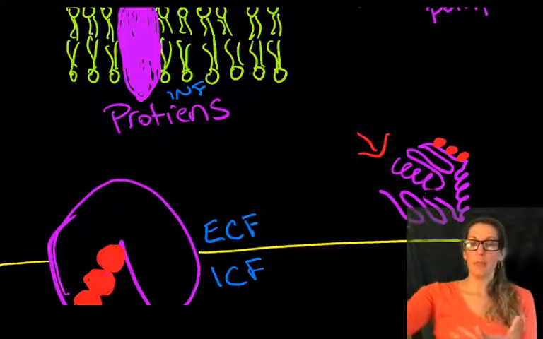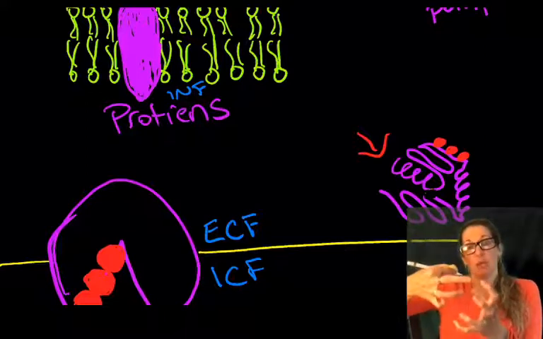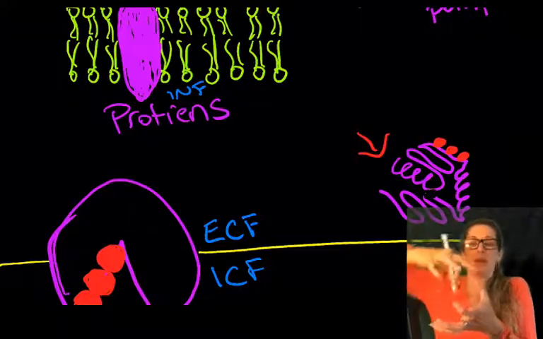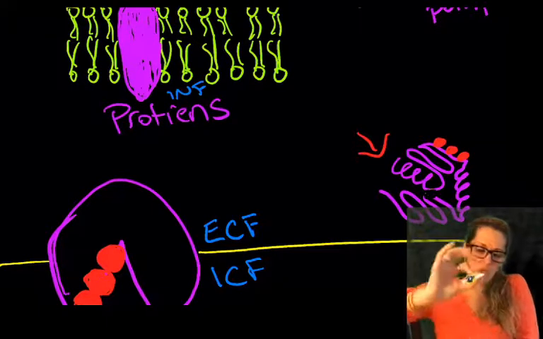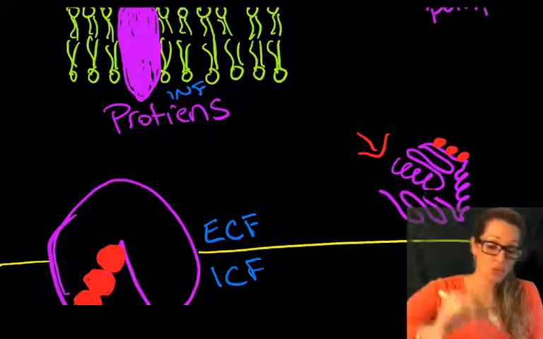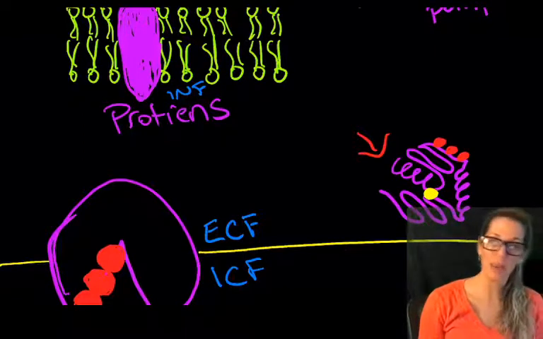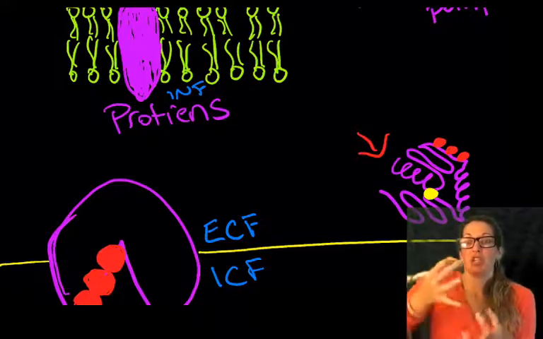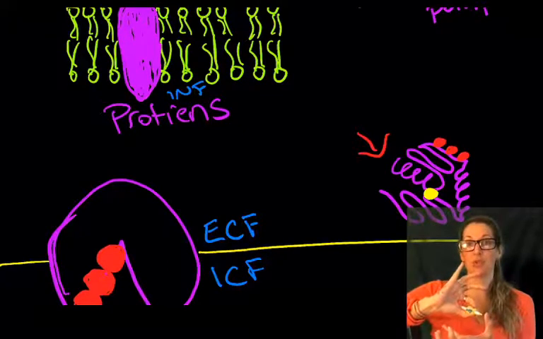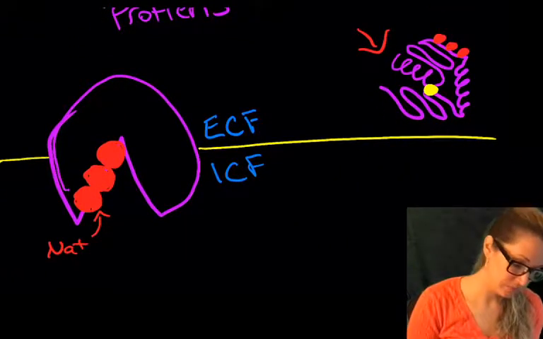When sodium binds, those binding sites cause this complex structure to change shape. Maybe it just rotates a little bit, maybe a part that was tucked inside gets pushed outside. When it changes its 3D structure like that, it very often reveals new binding sites, ones that were hidden and didn't have access. Now we've changed shape, and boom, there's access to a new binding site. In this case, that binding site is for ATP.